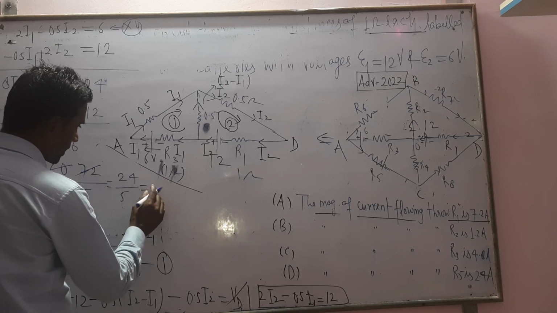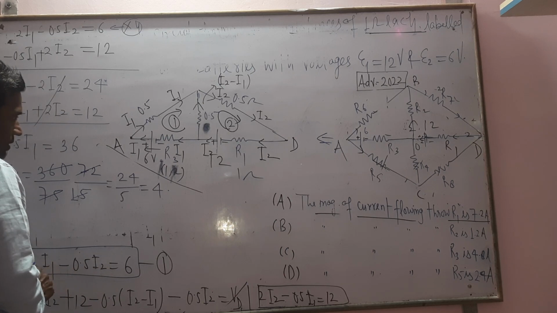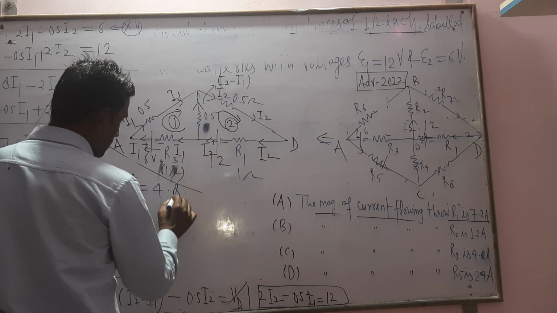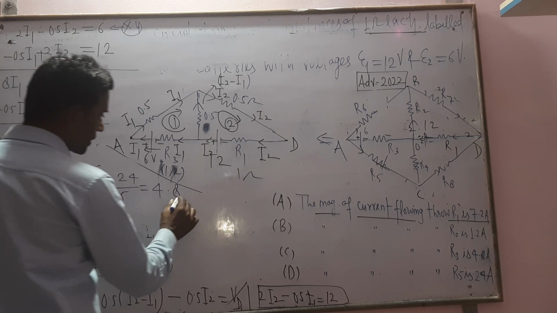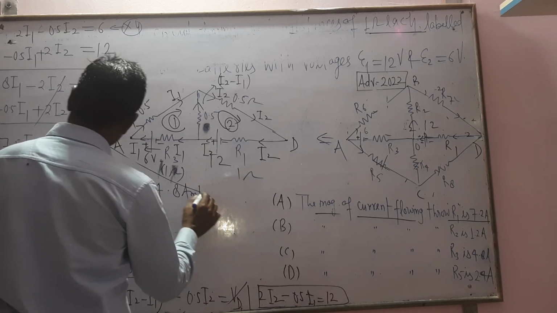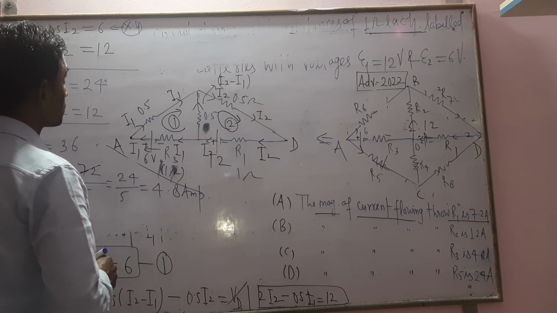Next, 5 4s are 20, 5 8s are 40. So I1 equals 4.8 ampere.